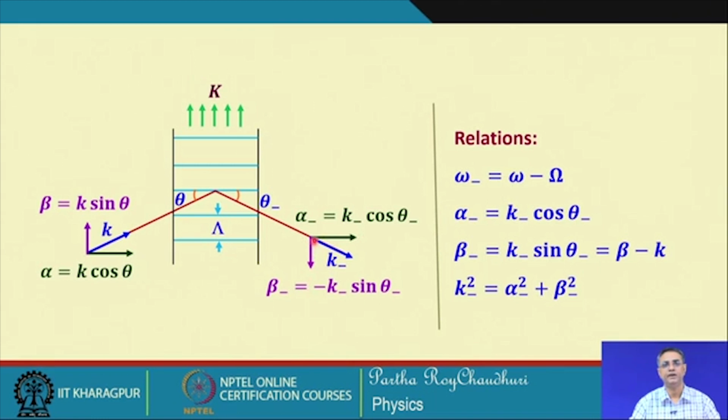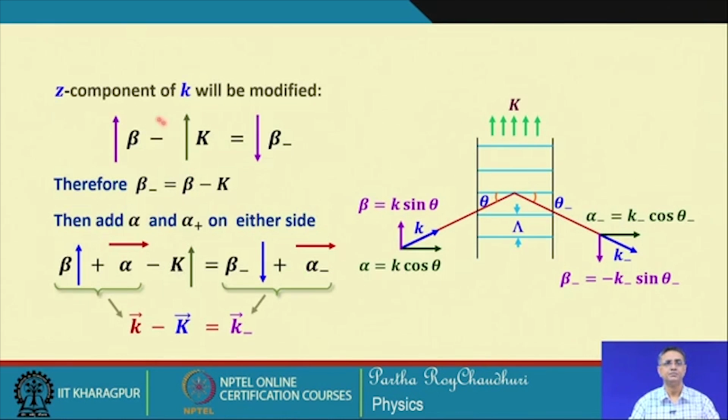If you add vectorially, vector α₋ plus vector β₋ must be equal to vector k₋, and therefore, if you take the mod, you will get this condition, because they are at 90 degrees to each other. These are the sine and cosine components. So, you get this relation, which is very clear.